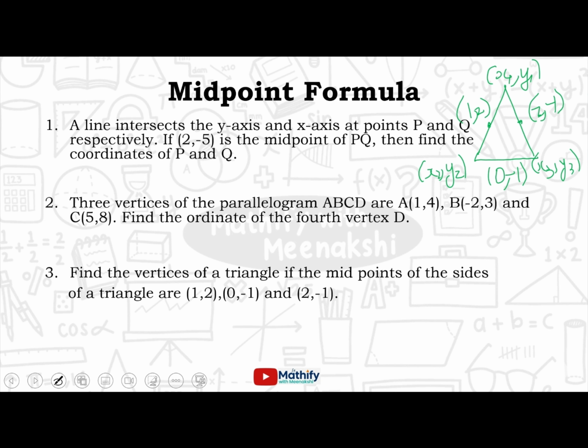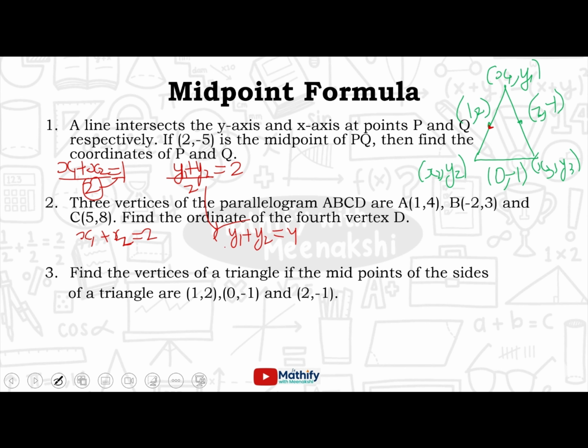Okay, now we know the midpoint. Using that midpoint formula, I can write that this (1, 2) is the midpoint. So I can write (x1 + x2)/2 is 1, and (y1 + y2)/2 is 2. How will you solve that now? Just do cross multiplication. So the first equation is x1 + x2 is equal to 2, and the second, y1 + y2 is equal to 4.